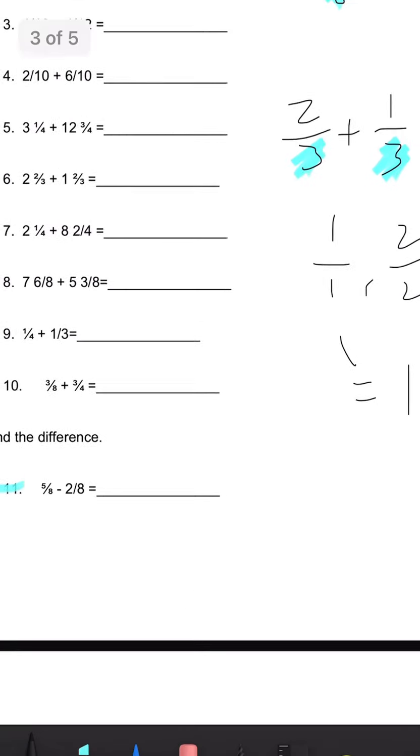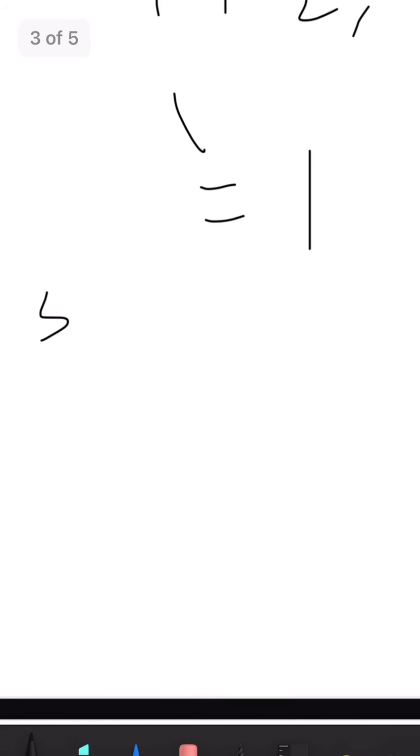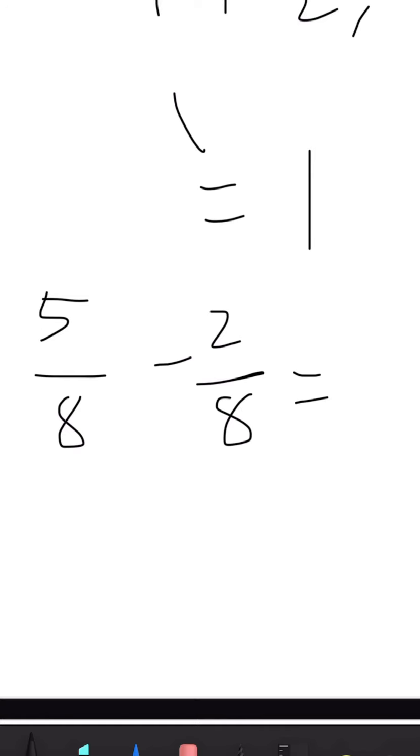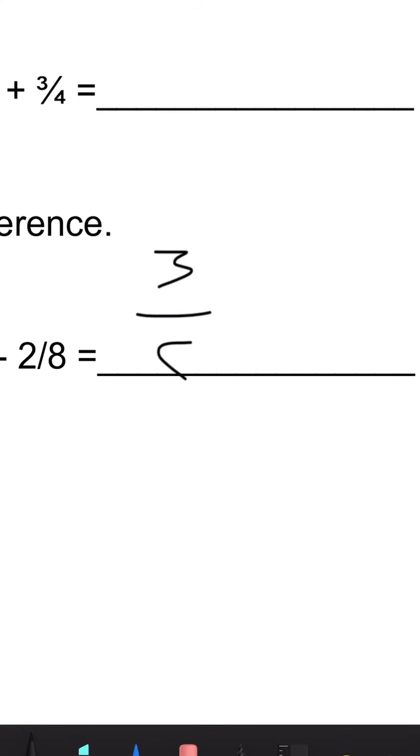Okay, let's take a look at number 11. We have 5 over 8 minus 2 over 8. So this is very simple. Again, you have a common denominator of 8. So we're just going to bring that over. This time we just have a minus sign instead of a plus. So 5 minus 2 is 3. 3 over 8 cannot be simplified, so we're going to put 3 over 8.